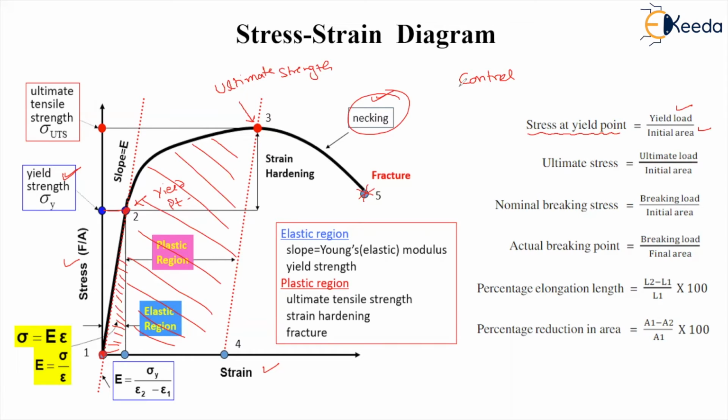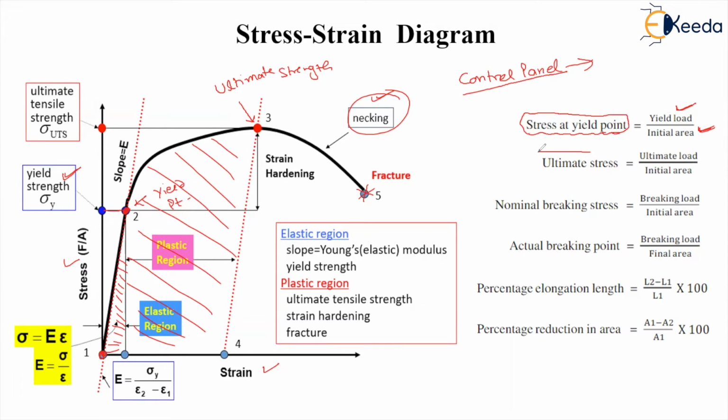In older times there were deflection type load dials, but nowadays it is all electronic. So in the control panel we can see the deformation as well as the load. So the yield load and the initial area, the original area of the specimen, will give the stress at the yield point. So yield strength can be obtained from here.